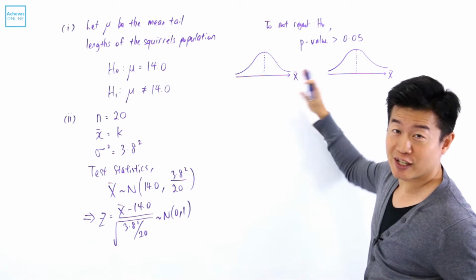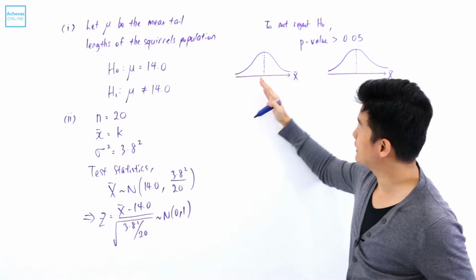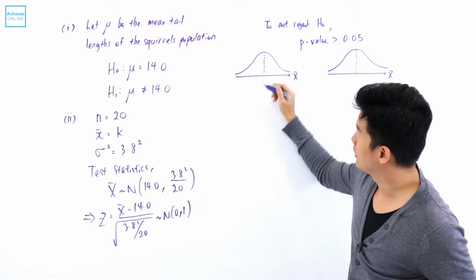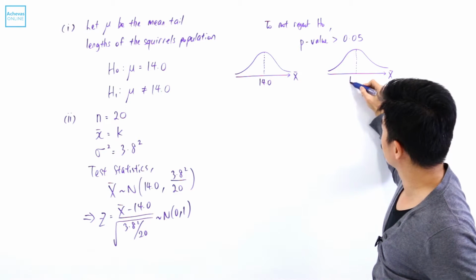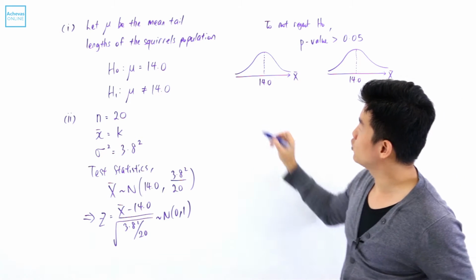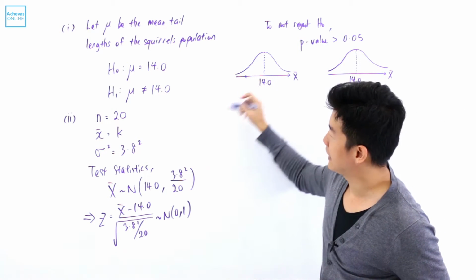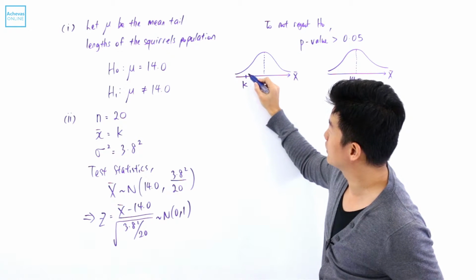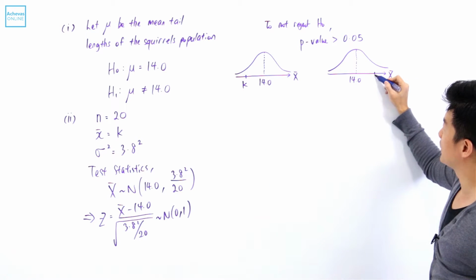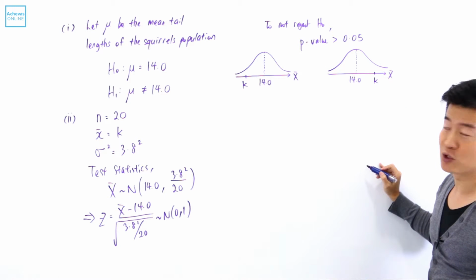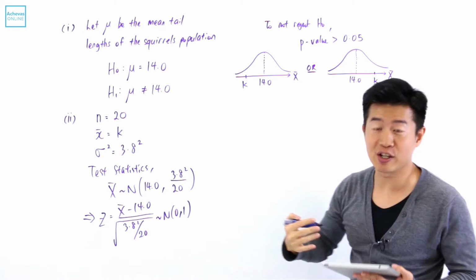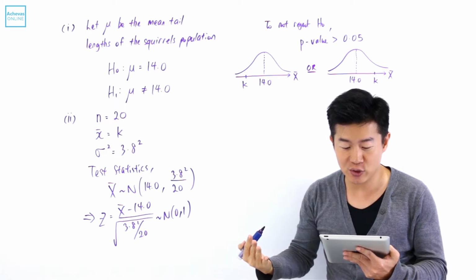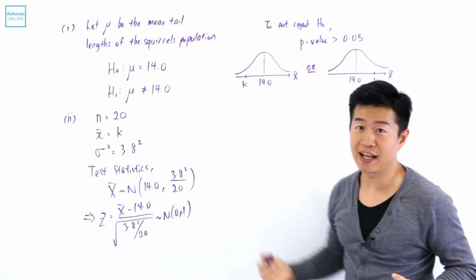So these are exactly the same distribution, which is x bar that is going to have a mean of 14.0. It is just that for two cases, one case is when x bar is on the left tail, and the other case is when x bar is on the right tail. So we have to analyze these two cases separately in order for us to find the full set of values of x bar or this k.